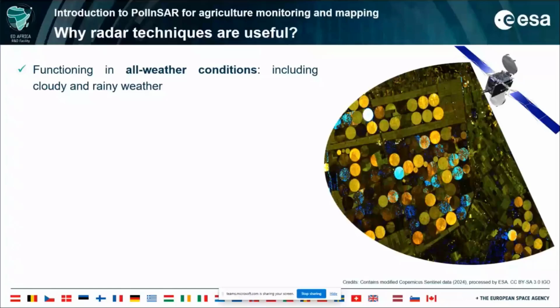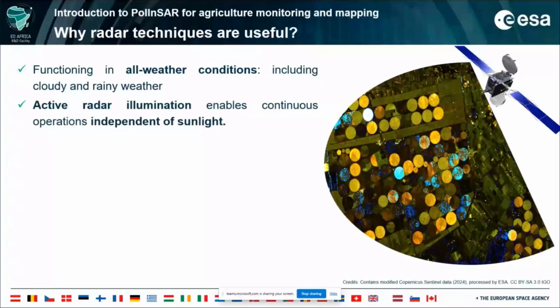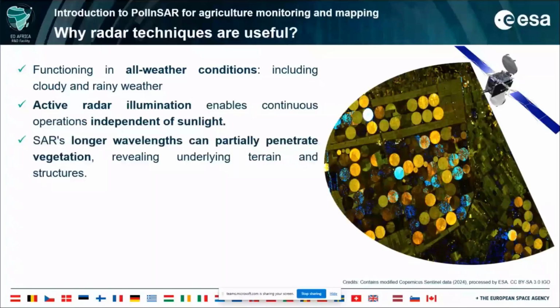SAR signals are also able to penetrate vegetation from some distance, making remote sensing of the understory structure of closed canopy forests or agriculture fields possible, whereas optical sensors are limited to the upper canopy structure only.